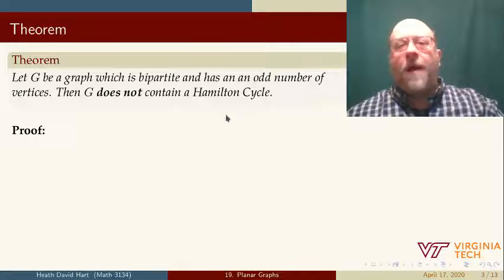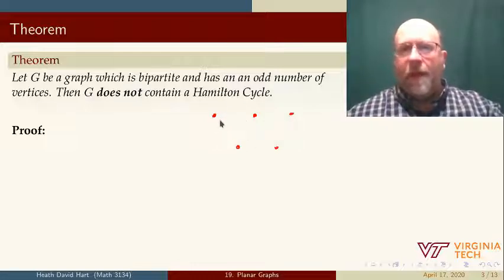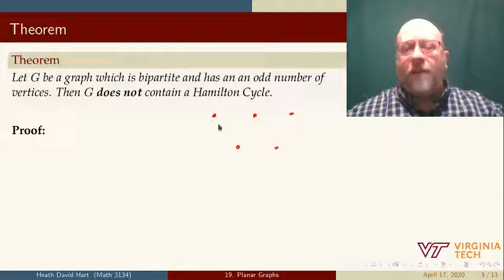If the graph is bipartite and has an odd number of vertices, let's say it has 5 vertices, and it's bipartite, so we can split those vertices up into 2 sets, and every edge goes from one set to the other, then because the total number of vertices is odd, one of the sets will be odd, and one of the sets will be even.